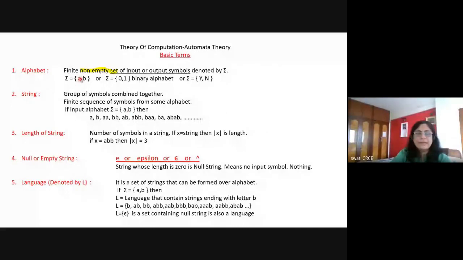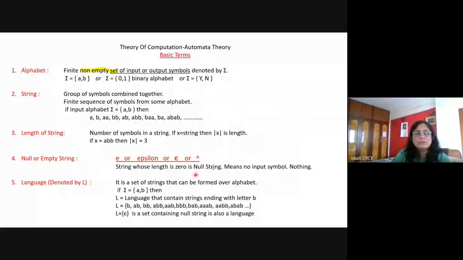Like baa is a string over this alphabet {a, b}. I'll say that abab is a string over the input alphabet sigma, which means abab is a string generated from this input set that contains only two symbols, a and b, and abab is a combination of a and b symbols.